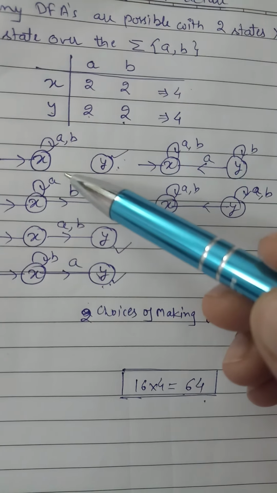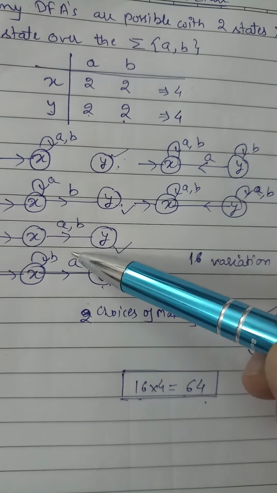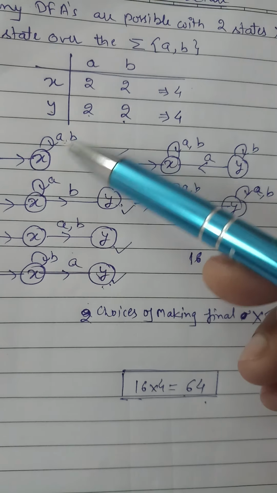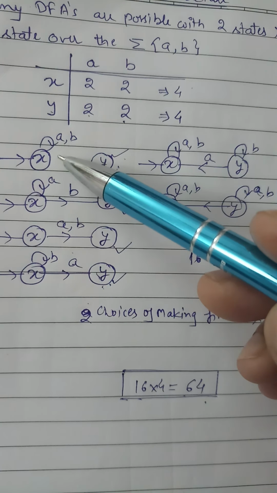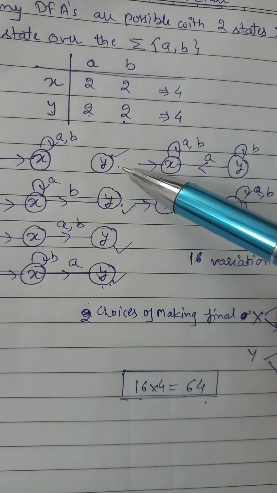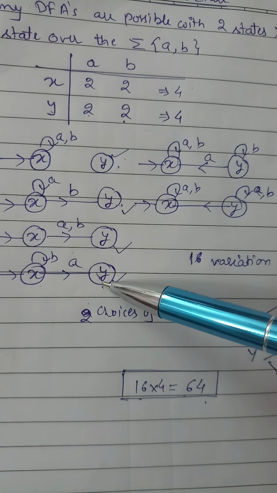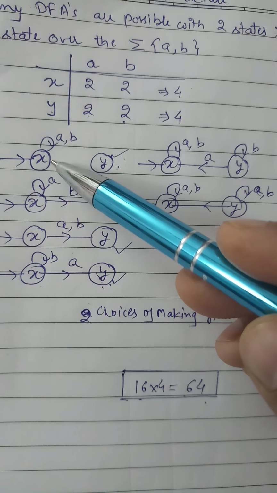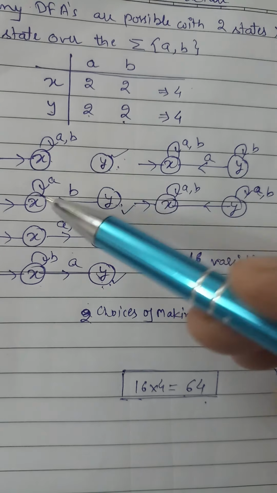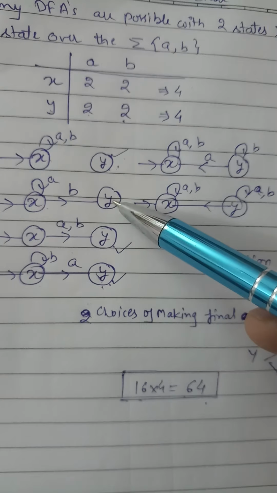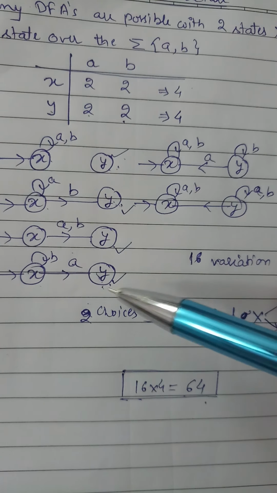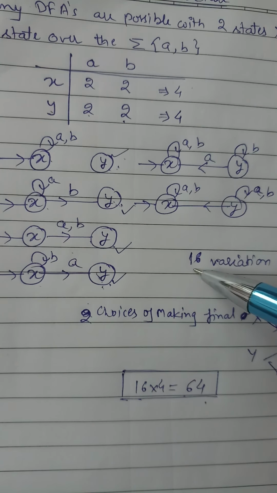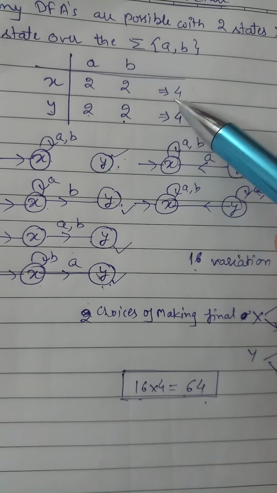We can clearly see here there are four kinds of variation for x, but there is no variation in y. In a similar way, for one state there can be 4 variations for y, the same way 4 variations for y. So there can be the possibility of 16, as we have discussed here.